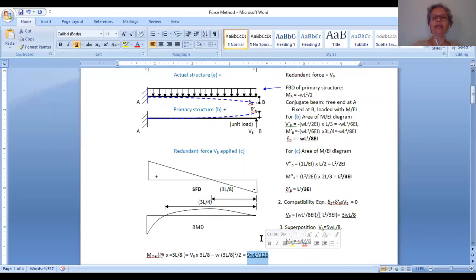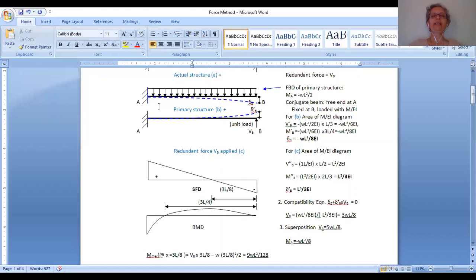It's not very high, but just by adding a moment here of magnitude 9WL squared by 128, I have reduced the moment at A to minus WL squared by 8. Isn't it a substantial reduction in the moment? So I have to design a beam which will carry this moment and this positive moment. So my section is going to reduce. This is the first advantage.